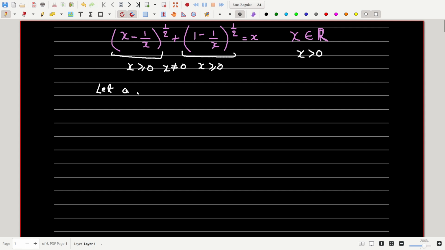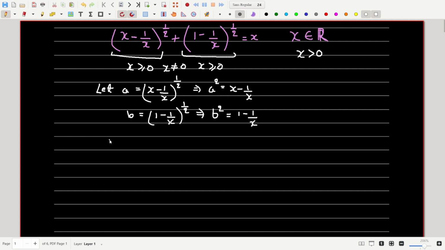So let a be equal to (x minus 1 upon x) raised to the power 1 by 2, which means a square is equal to x minus 1 upon x. Similarly, let b be equal to (1 minus 1 upon x) raised to the power 1 by 2, which means b square is equal to 1 minus 1 upon x.